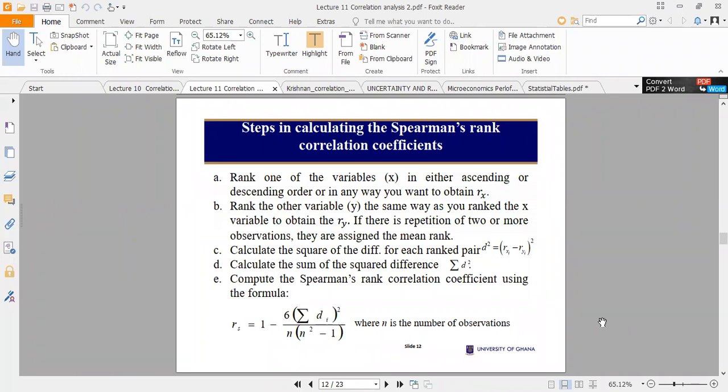If the mean is 5.5, then 5.5 for the first 5, 5.5 for the second 5, for the third, and then for the 5th. So if you go to the next number, assuming the next number is 6 or 7, then that one should take a rank of what? 8, since you've exhausted 4th rank, 5th rank, 6th rank, and then the 7th rank. So you have to go to the next rank. Okay.